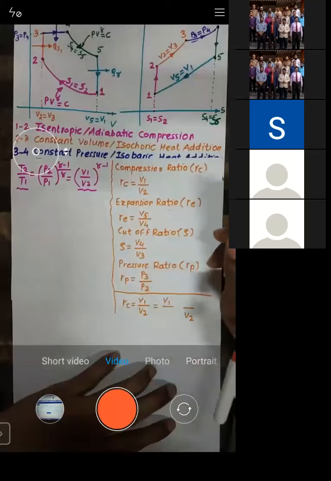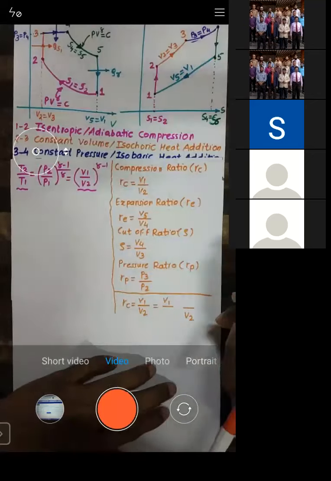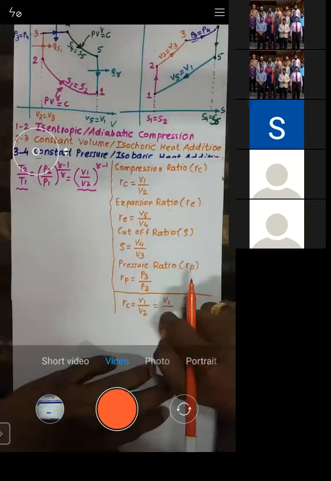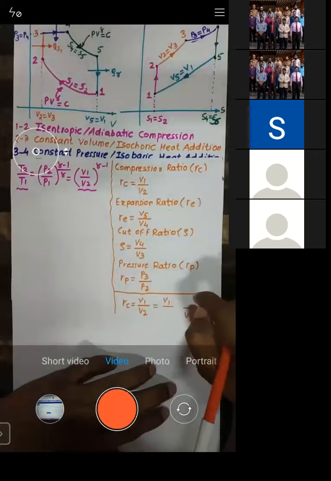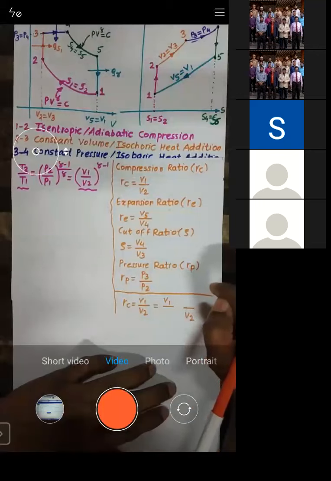So I write this as V1 by V2. Now what should I put here? I'll be able to bring this in terms of some other variable.